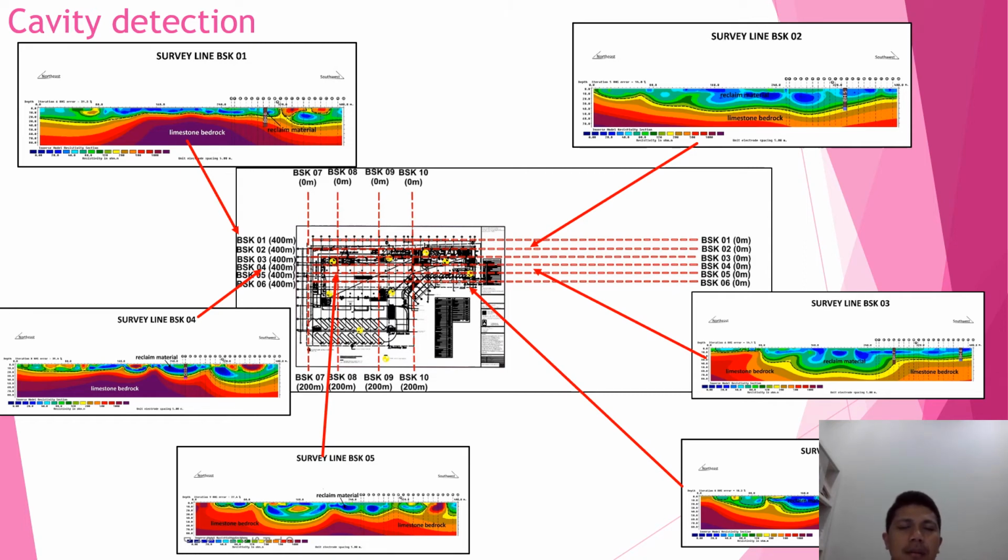If you can see, let's say this one, you have maybe a floater here, some anomaly with a high resistivity value, and then beneath here it looks like solid bedrock of limestone. In every survey line at a certain depth, we can see very solid bedrock.